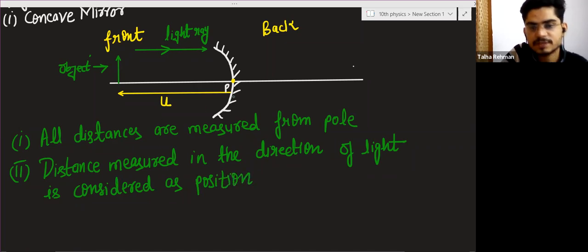So this distance we are measuring in the opposite direction of light, so this distance should be negative.